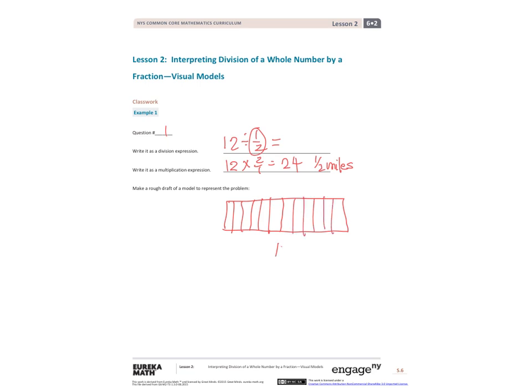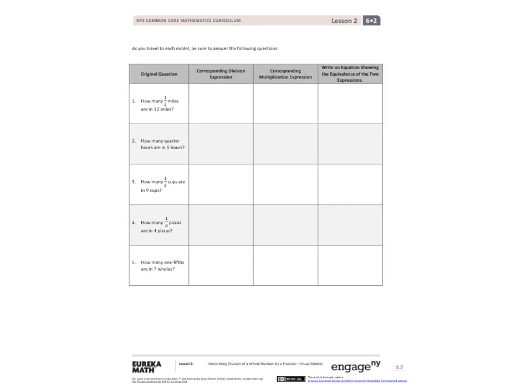So there's our 12 miles, right? And then we're going to divide that into halves, right? So what I just did is now I have a total of 24 half miles in my model. Okay, let's go to the next page and see what we have.